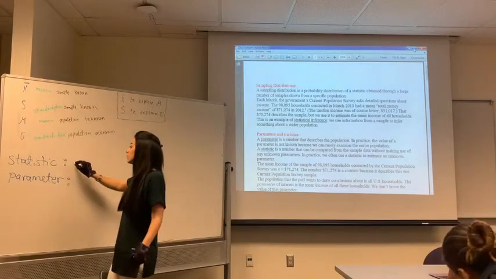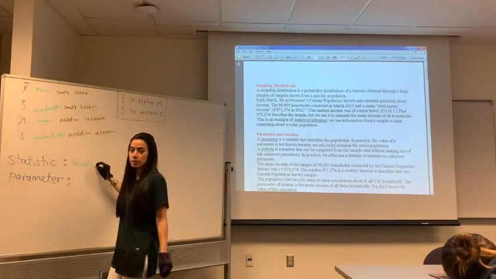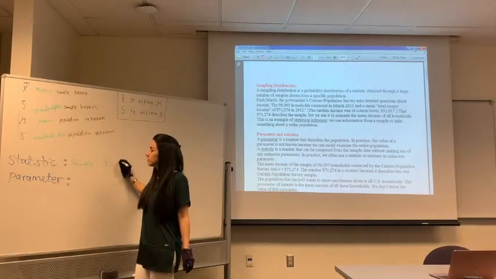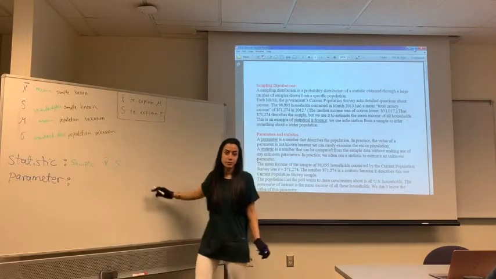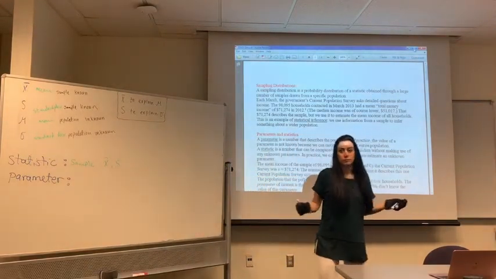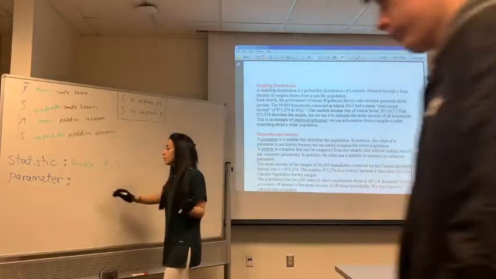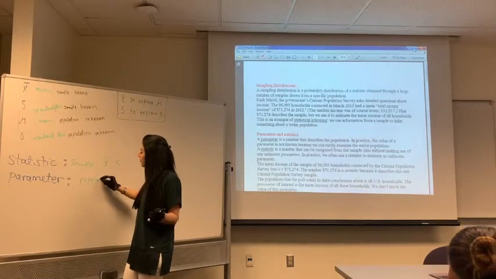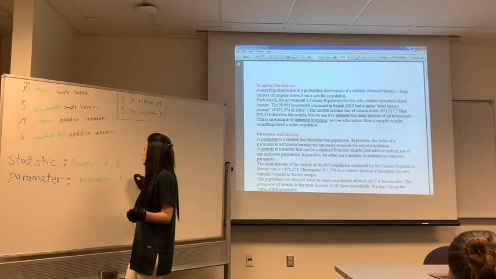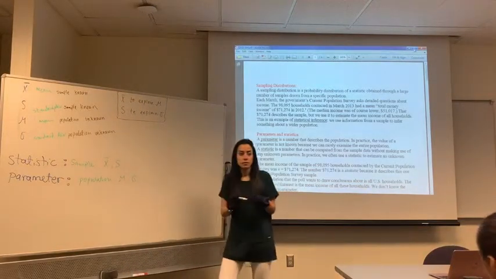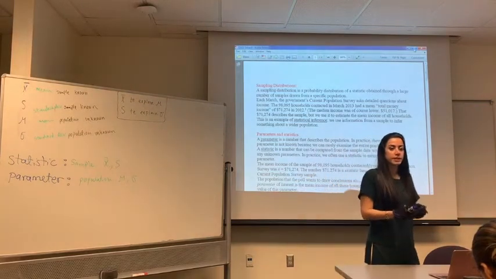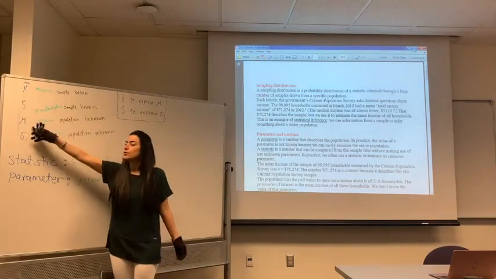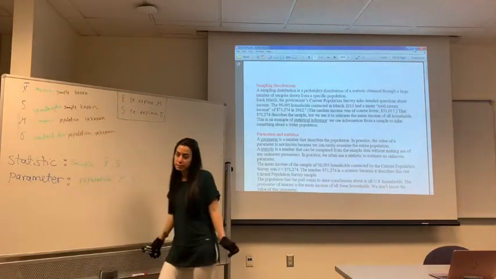So statistics come from the sample, the information from the sample, like X bar and S. We call them statistics. Parameters are the information which comes from the population, like mu or sigma. So we call X bar a statistic, we call S a statistic, we call mu a parameter, sigma a parameter.